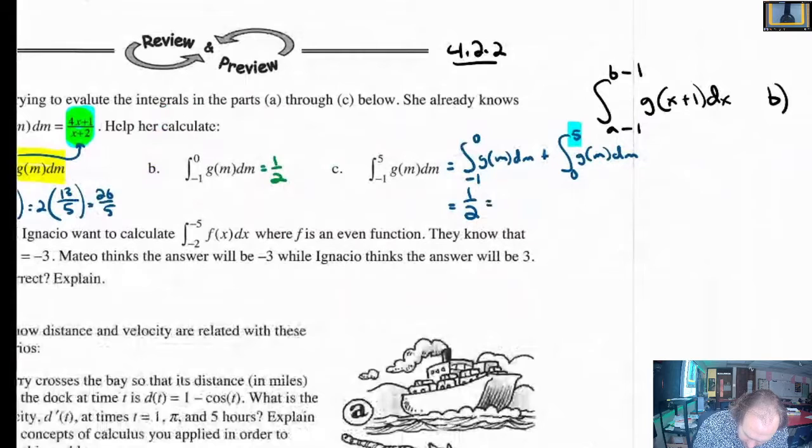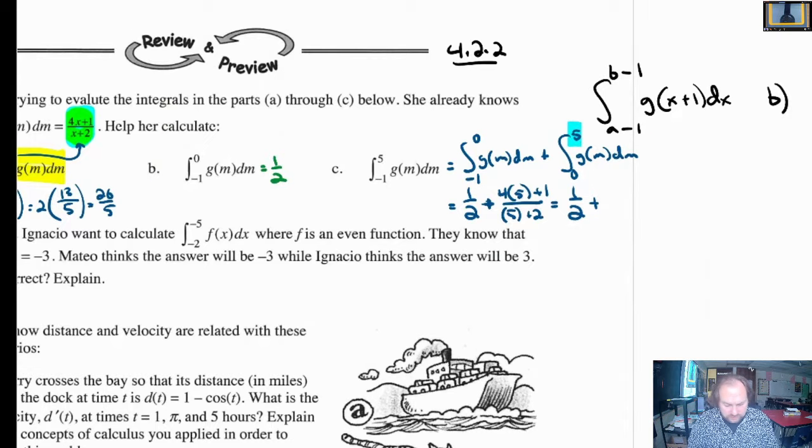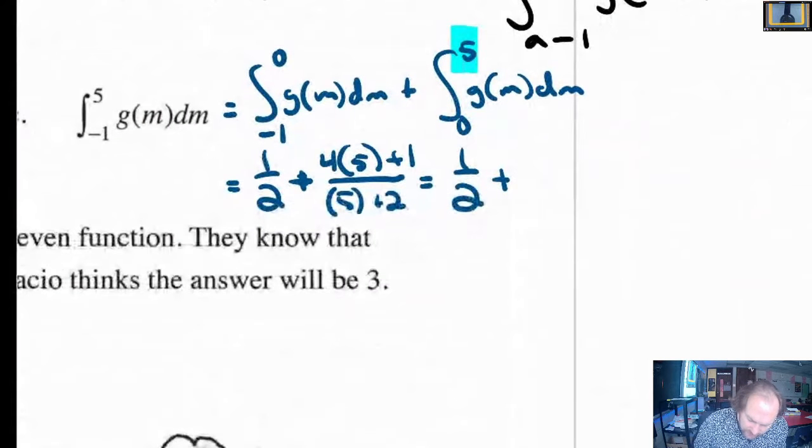It's going to be plus 2 times 4 times 5 plus 1 over 5 plus 2. This won't be a nice, easy fraction to combine, but it will be something we can do. So let's just think about it for a minute. We'll have 1/2. On the top, 4 times 5 is 20, and 20 plus 1 is 21. And on the bottom, 5 plus 2 is 7.